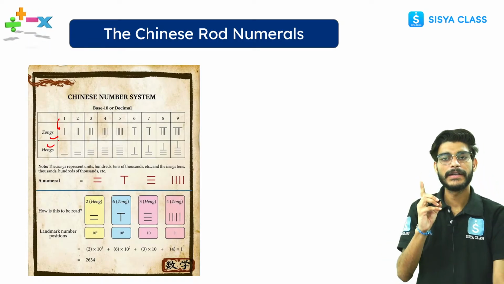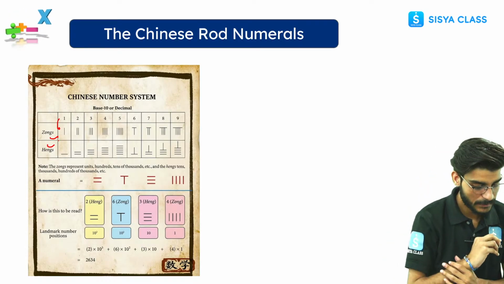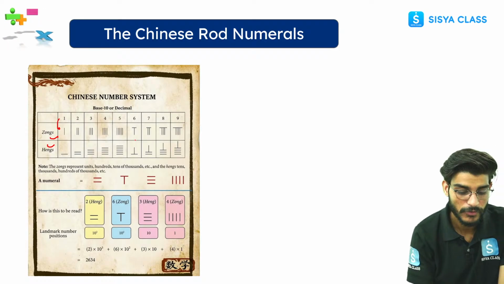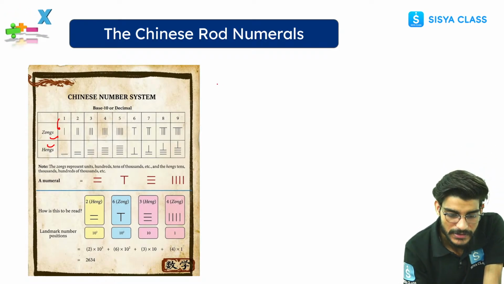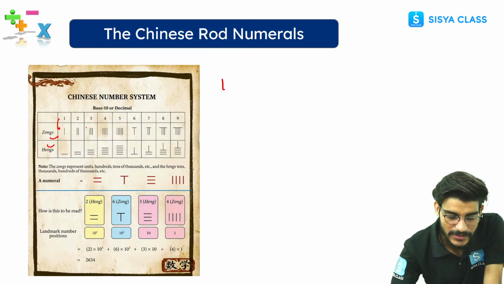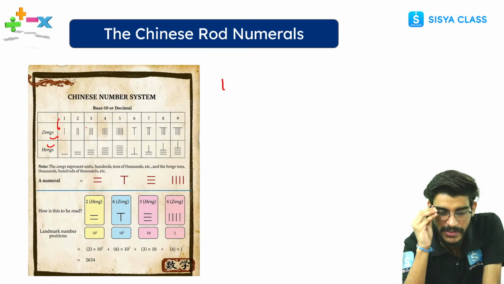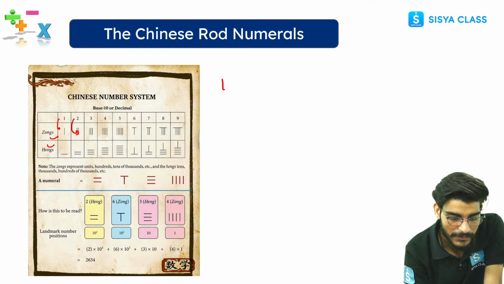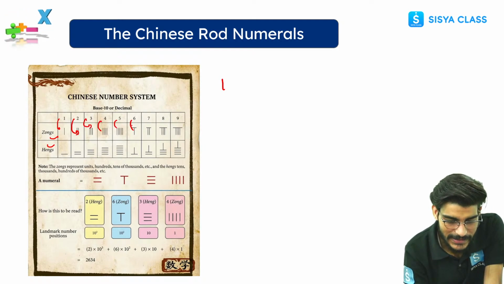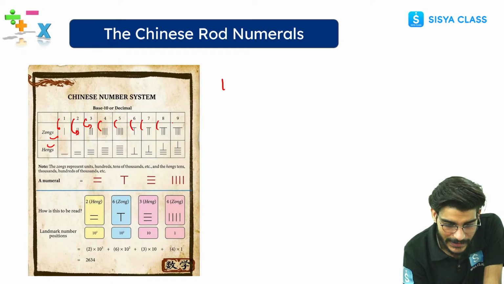One is vertical, and the other is a horizontal symbol. For 1 in Jongs they have used this symbol, somewhat like tally marks. It's like a Roman number also, a combination. For 2 they have used 2 sticks, then 3, 4, 5, 6, 7, 8, 9.